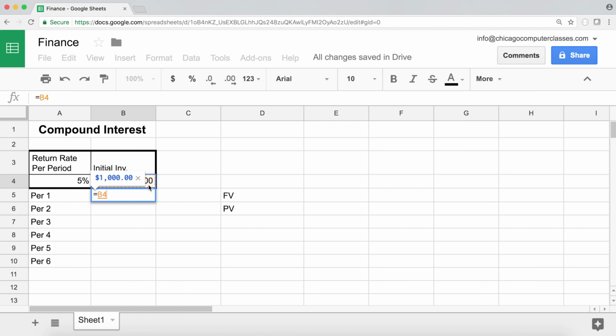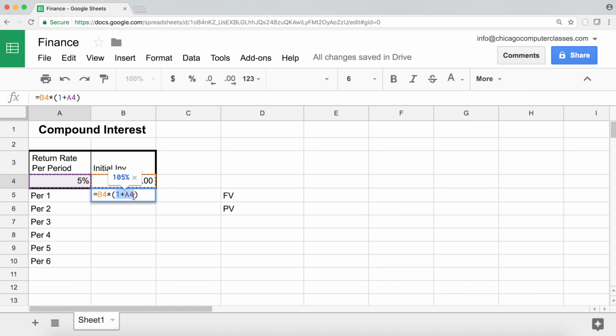And I want to increase that $1,000, so I'm going to multiply this in parentheses by 1 plus that 5% to increase the value. So 1 plus the 5% is going to give us basically 105%. As you can see here, as I'm highlighting it, it gives me the results.